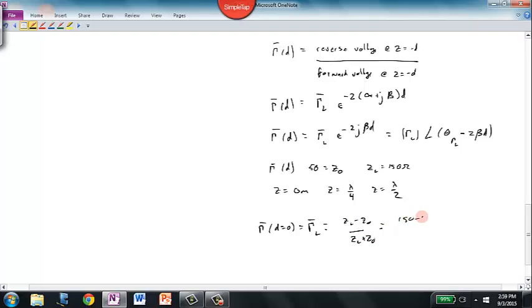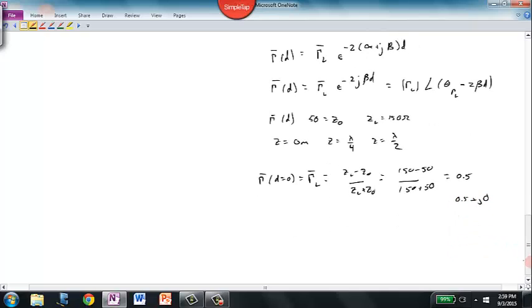That's 150 minus 50 over 150 plus 50, and so we get that that's 0.5. More specifically, we could write that as 0.5 plus j0, which is the same as 0.5 at an angle of 0 degrees.